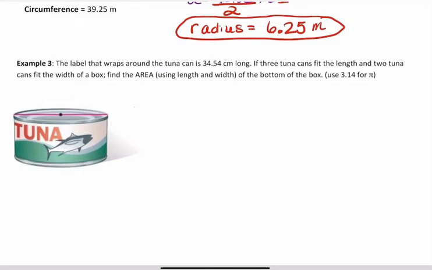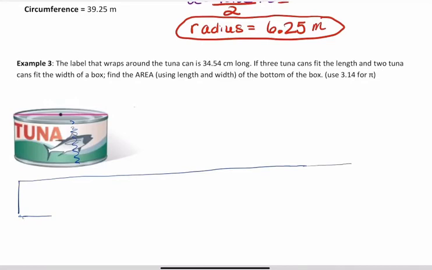Now, this is kind of a lot going on here. We're talking about the label of the can. If you were to take that label and cut it along one of these lines, and then lay it flat on the counter, it'd probably look something like this.